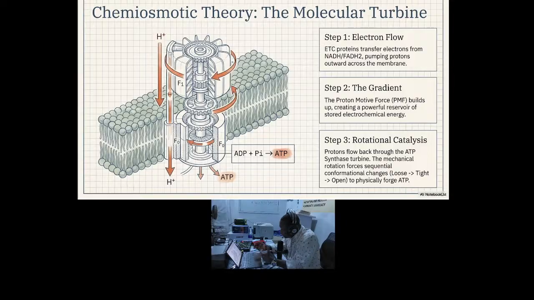Okay, the other part is, what do we understand when we talk about the chemiosmotic theory? I've just mentioned something about osmosis the other time. It has to do with the movement of electrons. Now imagine the molecular turbine is just like a protein which transfers between the lipid bilayer, and you can see this one is F1 and this one is F0.